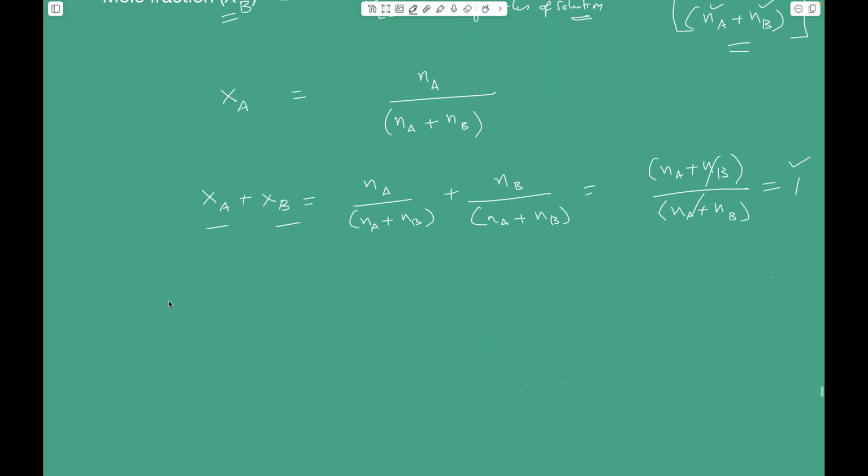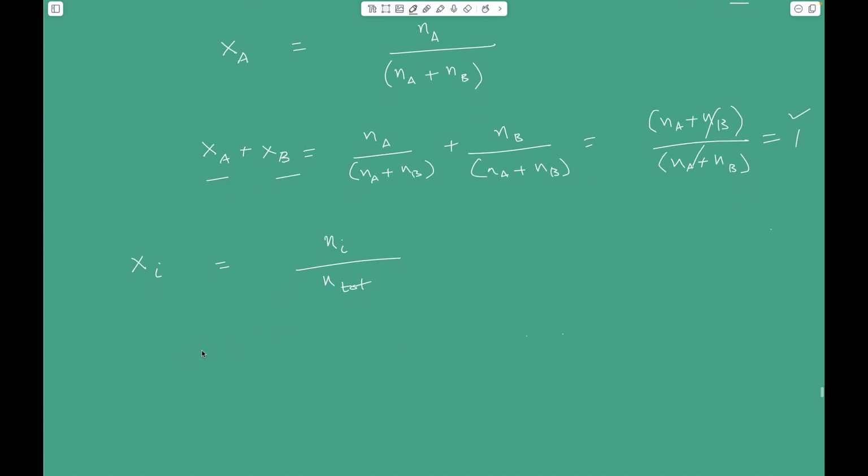Now, in general, if you have a mixture of several gases, then you can define mole fraction of each component in that mixture. It will be simply equal to the number of moles of that component over the total number of moles present in that mixture.